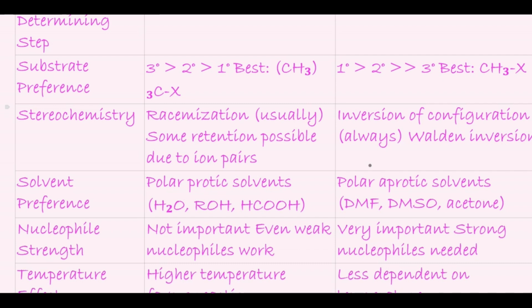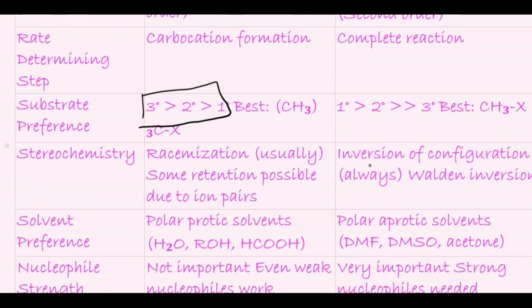And the substrate preferences: tertiary, secondary, primary. Tertiary carbocation is the most stable carbocation, so carbocation formation is the most important step over here. That's why it follows this order. The intermediate should be stable enough to proceed with the reaction, right?